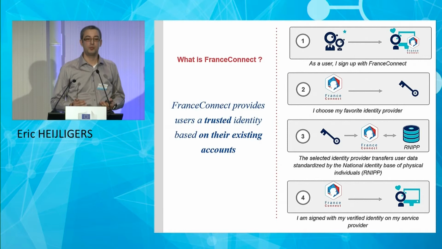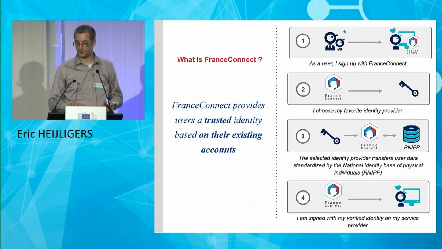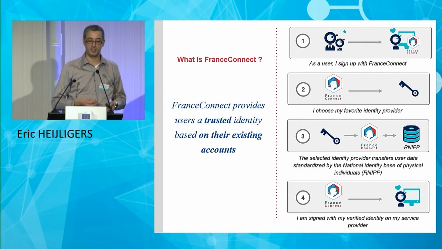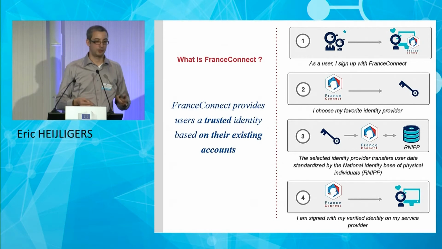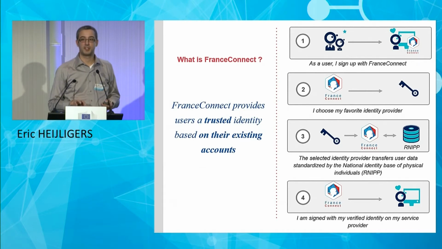So we are sure that it's you who are behind your screen. Once we've checked that, we give the information to the website so they are able to know who you are and to connect you. So this is the main part of what France Connect is doing.